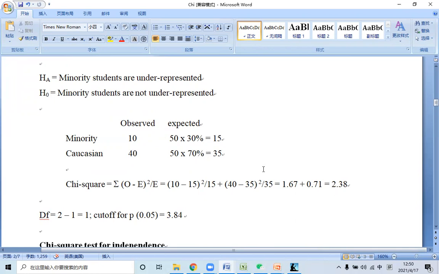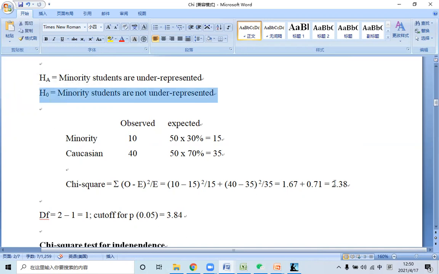Well, your research hypothesis is no, it does not fit. The 10 out of 50 minority finding is too few. There are too few minority students to fit the 30-70 pattern. And your null hypothesis is that yes, it's a good fit, so you are trying to reject the null hypothesis.